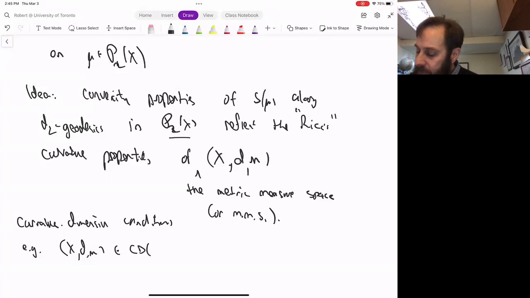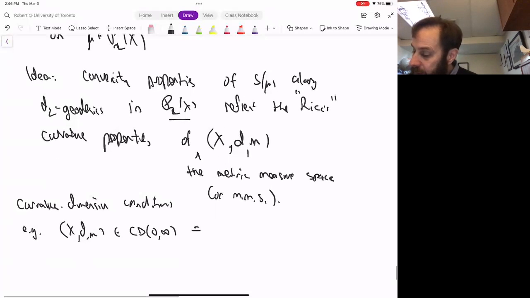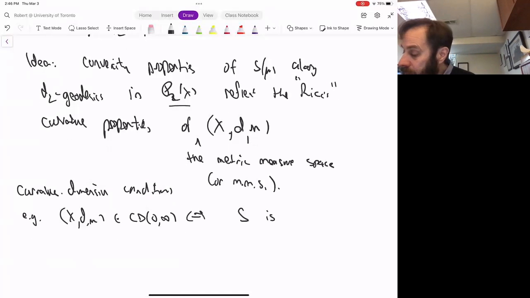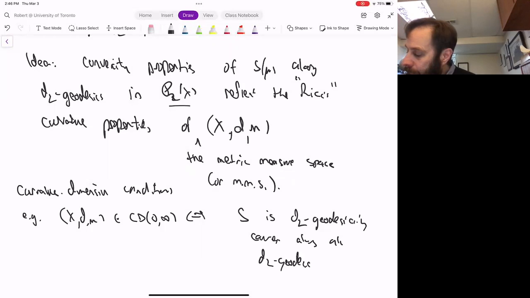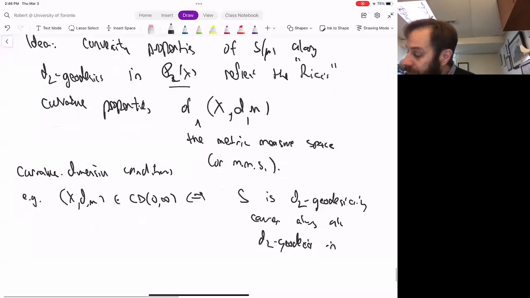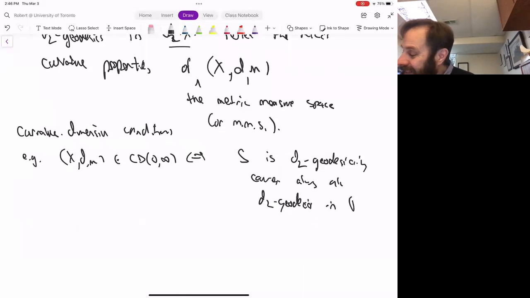XDM is said to have Ricci curvature bounded below in dimension infinity if and only if S is D2 geodesically convex along all D2 geodesics. Well, actually, no, not quite in P2X.